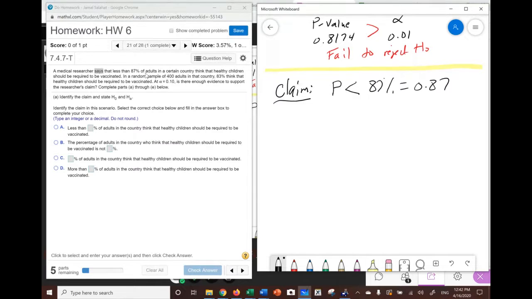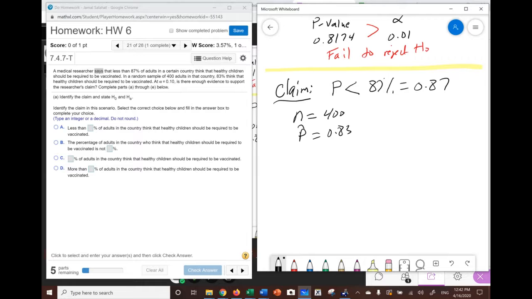Claiming that less than 87% of adults in a certain country think that healthy children should be required to be vaccinated. In a random sample of 400 adults in that country, this is what we found: p hat, which is the proportion in that sample, is 0.83.